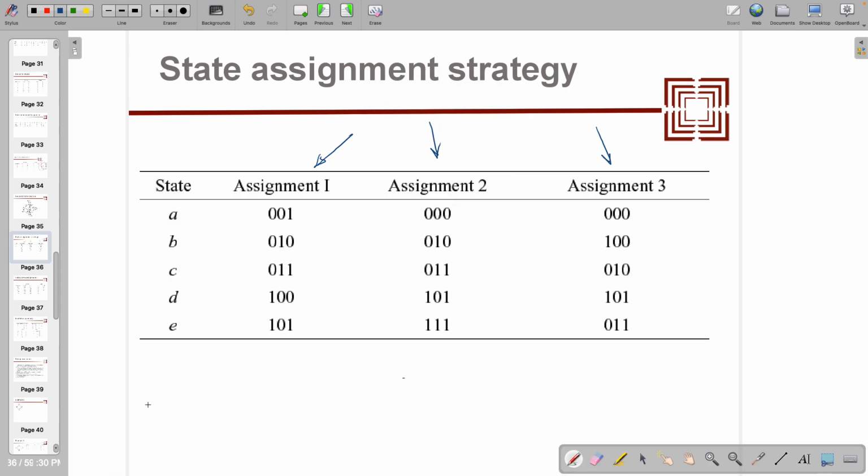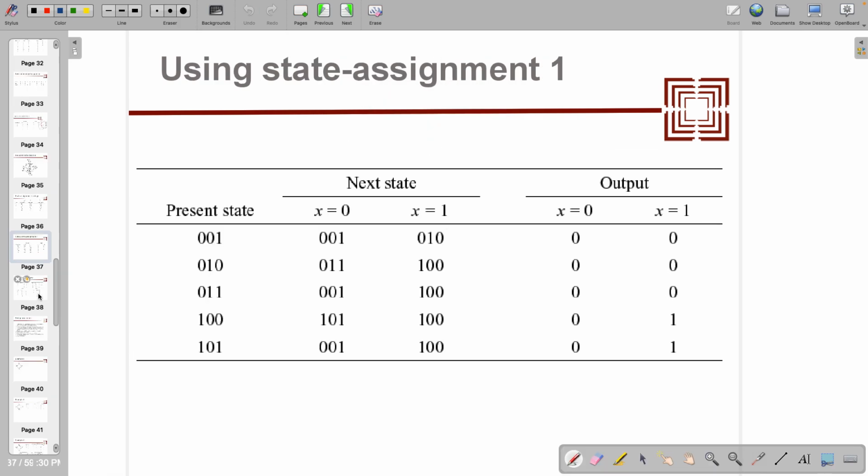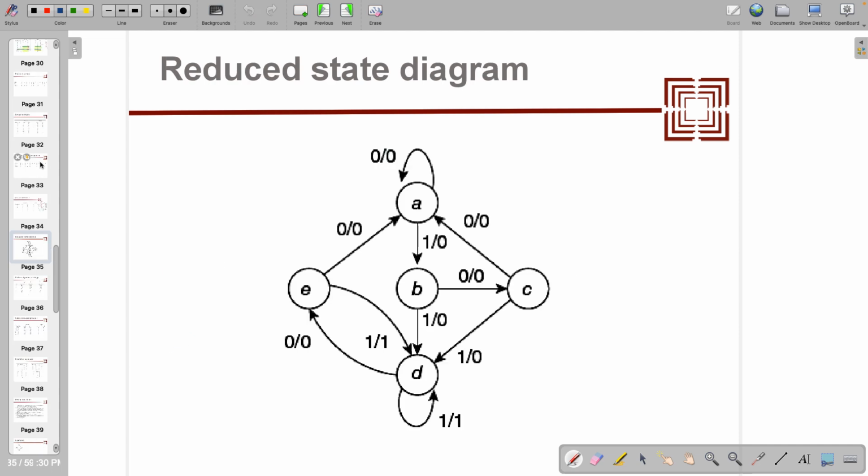Okay, so now I am choosing, let's say, present state as like these possible combinations I have taken as A equal to something, B equal to something, C equal to something, D equal to something, and E equal to something. Accordingly, those things have been placed from this diagram, by the way.